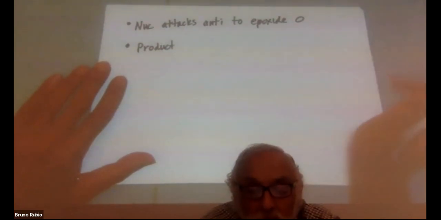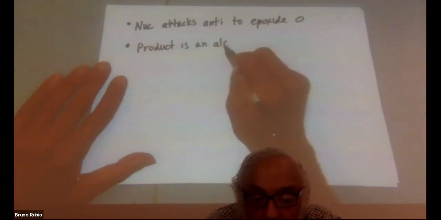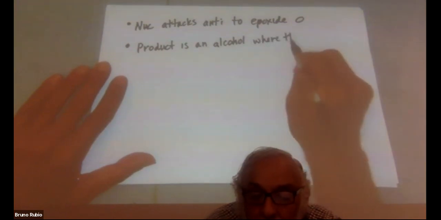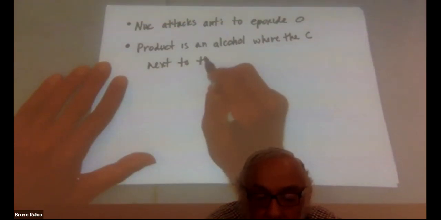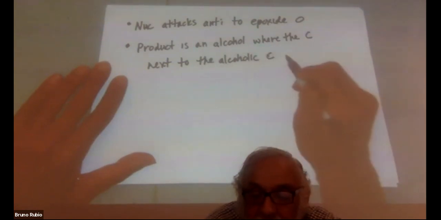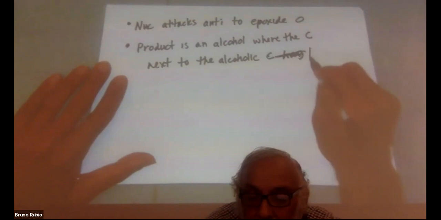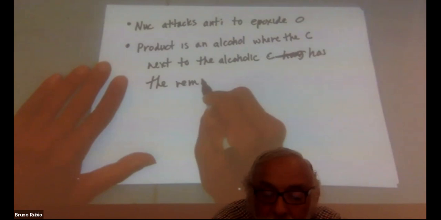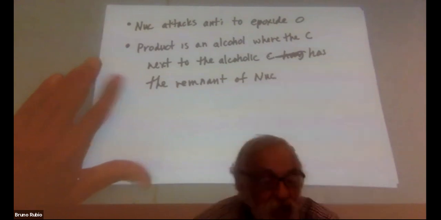Okay, another important bullet point for this reaction is to recognize that the product of opening an epoxide is always an alcohol, where the carbon next to the alcoholic carbon has the remnant, what is left of the nucleophile.